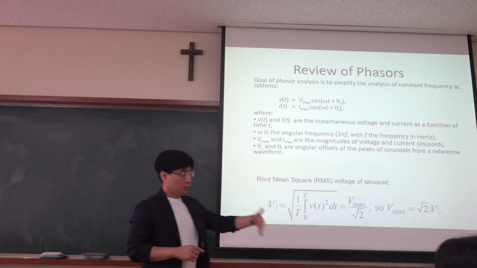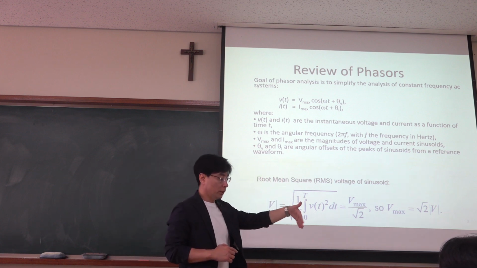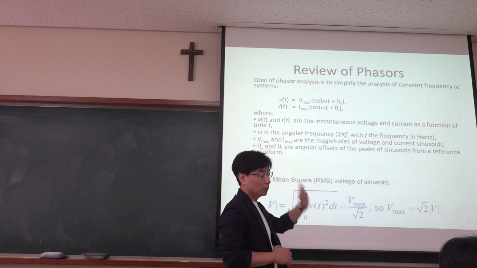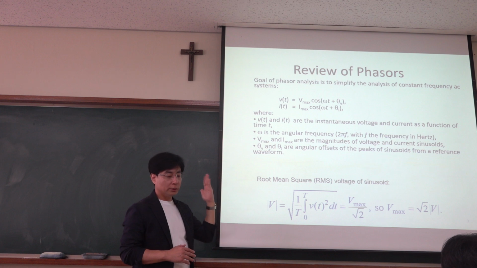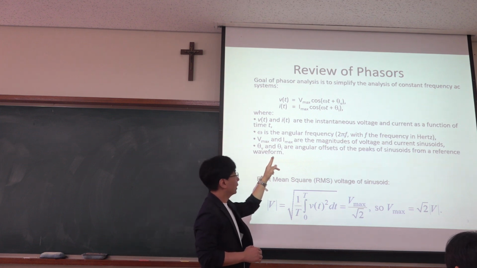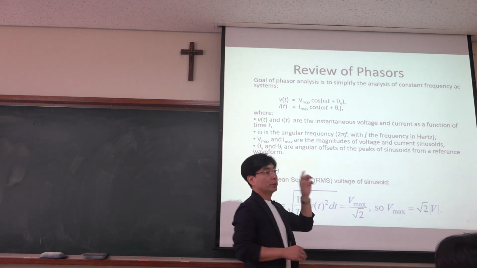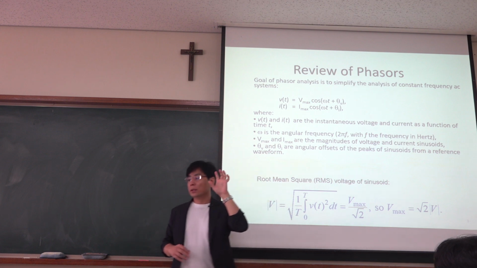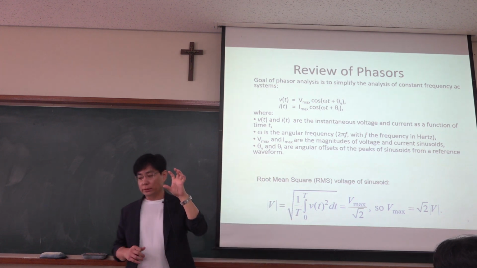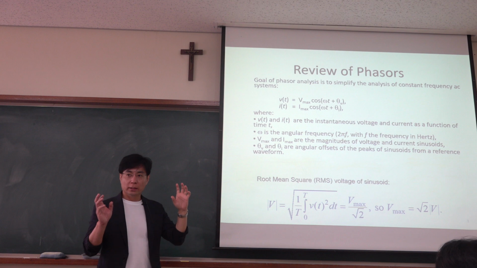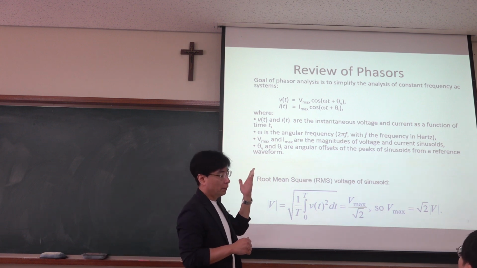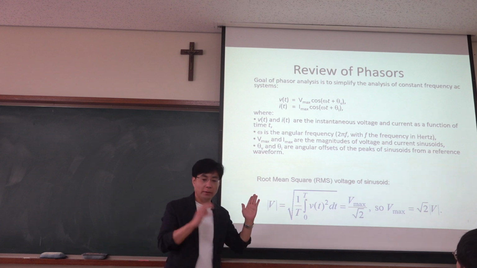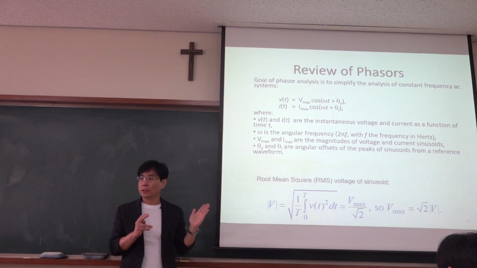Similarly, because the voltage is fluctuating over time, the current also fluctuates over time. So that's why we have another sinusoidal form, I max times cosine omega t plus zeta I. So here we see two different angles, zeta v and zeta I. That means because this is an AC system, the phase of voltage and the phase of current can be different.